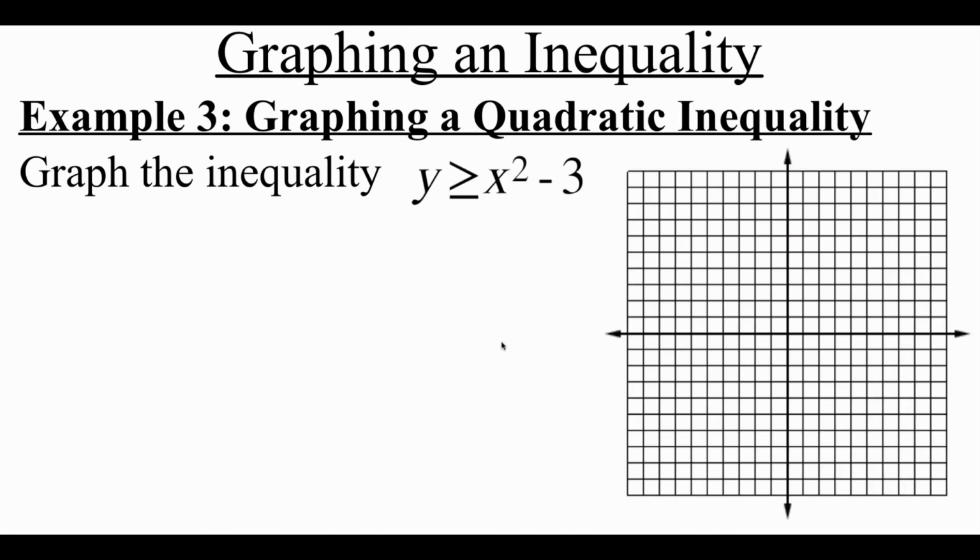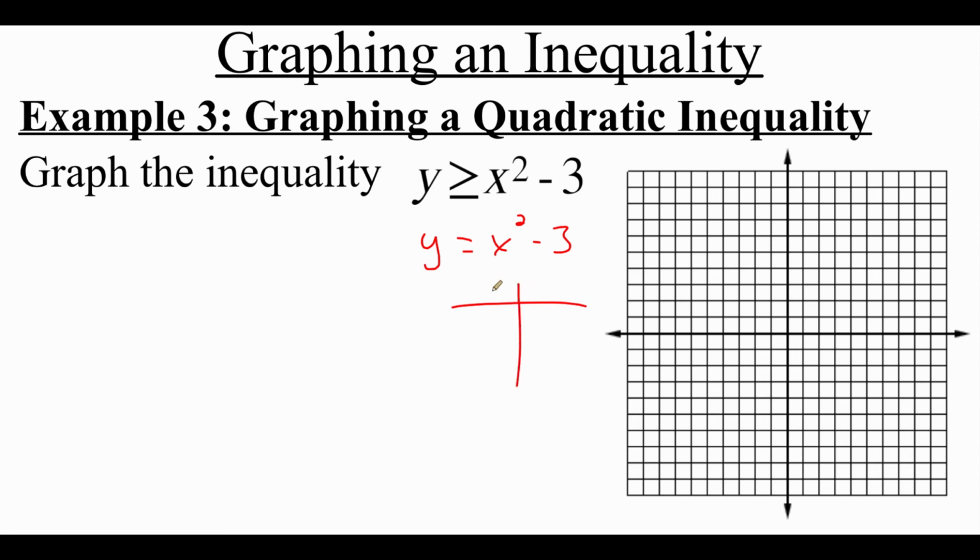Now, as we're looking at this last example here, we're going to graph out a quadratic inequality. So we're going to look at the inequality y is greater than or equal to x squared minus 3. Now the process is going to be exactly the same. So first I'm going to get rid of the inequality and replace it with an equal sign so that we can draw that graph. So we get y equals x squared minus 3. So this is going to be an x squared parabola shifted down 3 spaces. So I'm going to plot out some points for that graph.